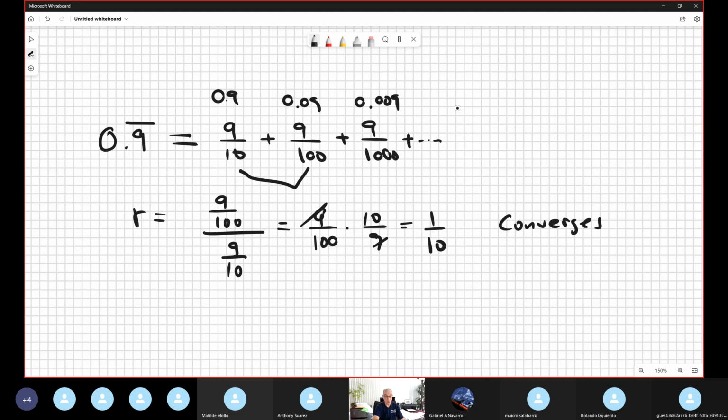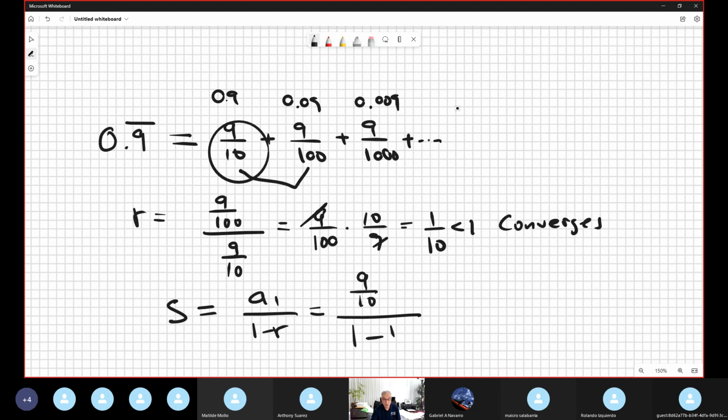If the common ratio is less than 1, then it converges. Okay, it's obvious that yes, because it's 1/10. And the formula is S = A1 / (1 minus R). A1 is 9/10, the first term.